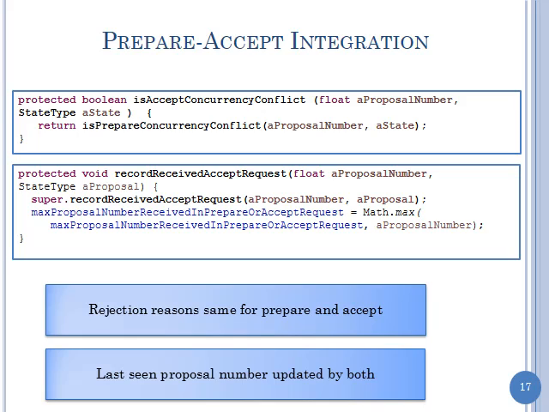So there's integration of both the prepare and accept phase in this aspect at least. And another aspect also there's integration, that when we record the received accept request, we update the same value as we update when we record the prepare request. Okay, so we update the last seen proposal number, which may be an accepted proposal number or a prepared proposal number. Okay.